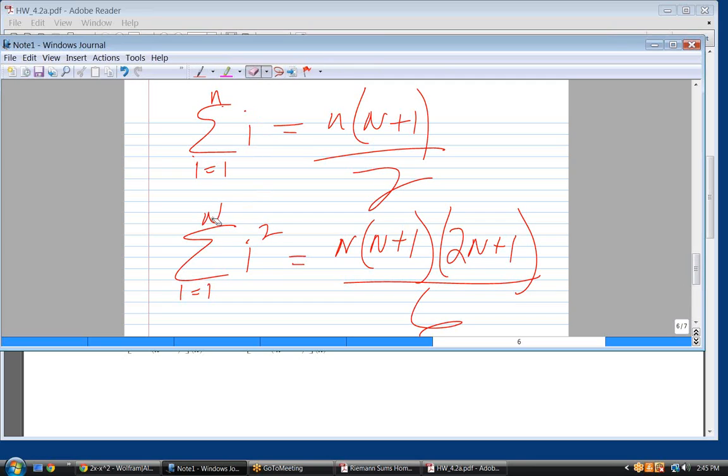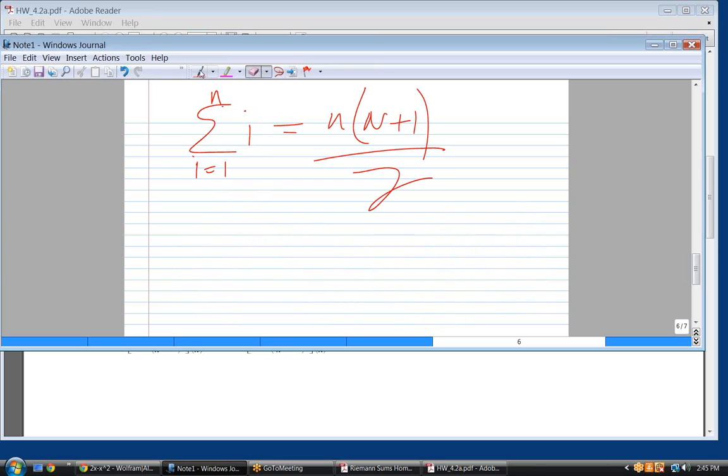Let me erase the second one for a moment so we can look at the first one while we're doing this problem. If I wanted to know what the sum from i equals 1 to n of i plus 1 over n squared is, for n equals 10, 100, 1,000, those 3 numbers.